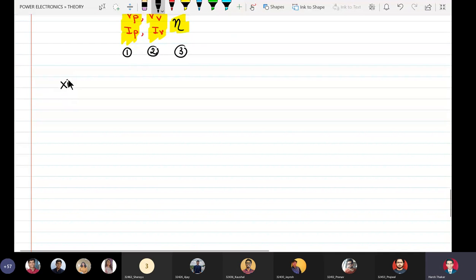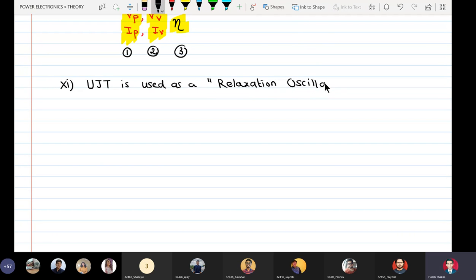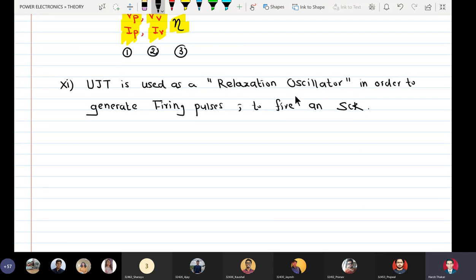So UJT is used as a relaxation oscillator in order to generate firing pulses to fire an SCR.